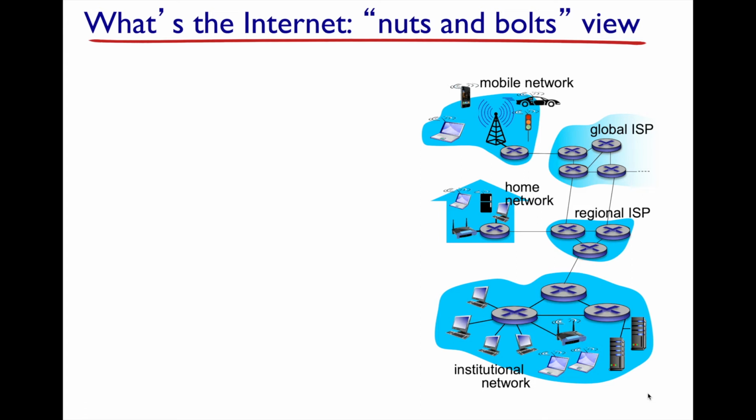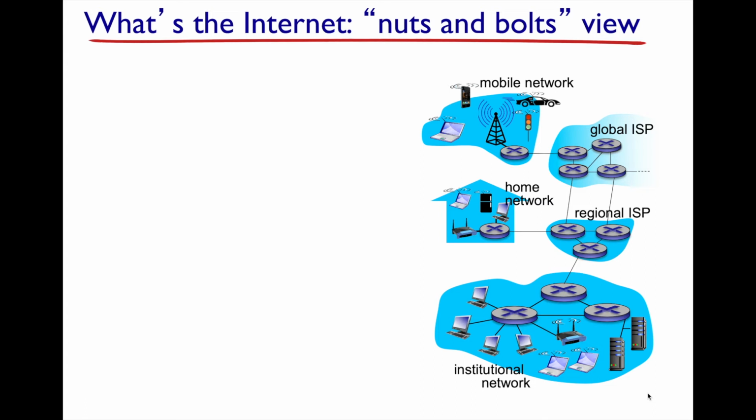Now they all connect to these devices called routers and switches, and these are responsible for storing and forwarding chunks of data of standardized size called packets. This institutional network, like DSU's, is connected in through an internet service provider, or ISP. That ISP has what's called a switching fabric, which is a set of high-speed routers interconnected to one another.